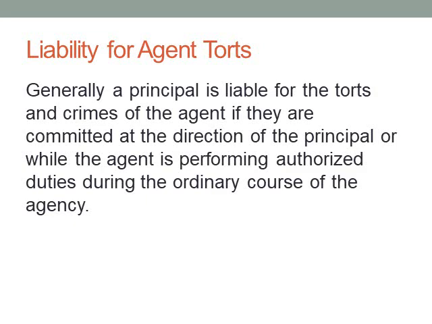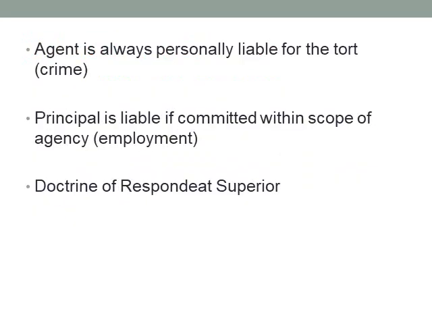So, who's liable in those situations? I said generally it's the principal, but let's break this down. First off, an agent is always personally liable for their tort and their crime. Okay? Always. A principal is liable if committed within the scope of the agency, or the employment.